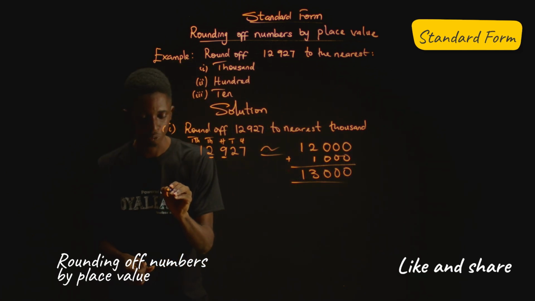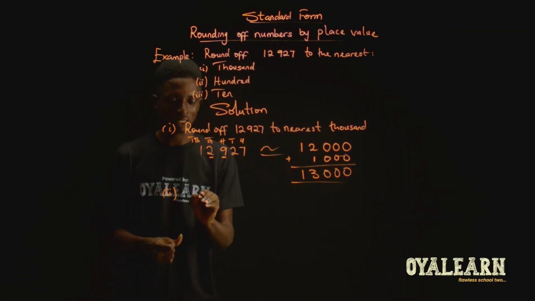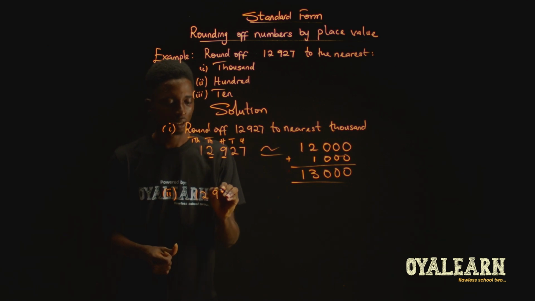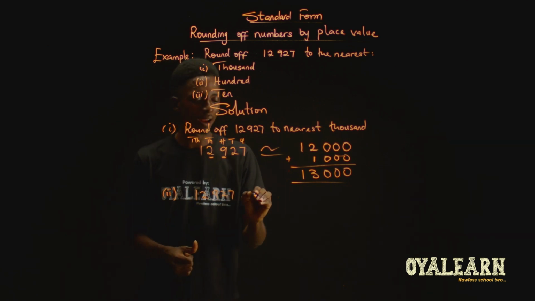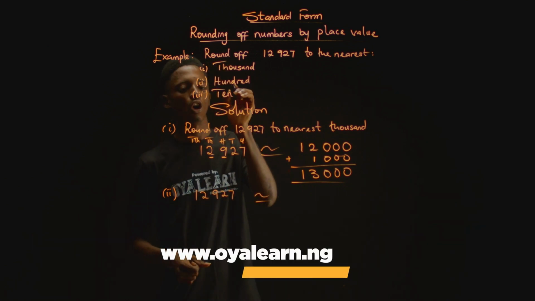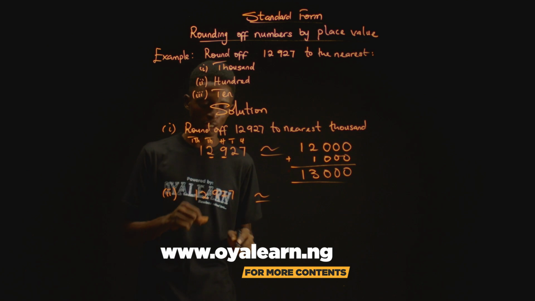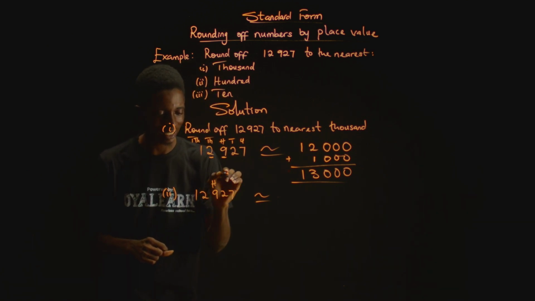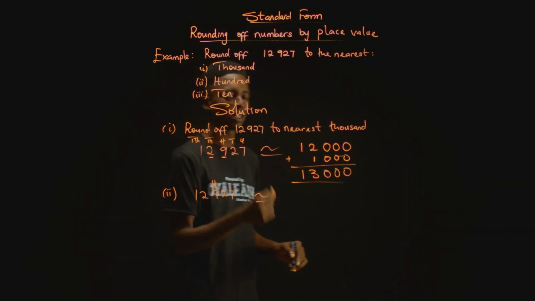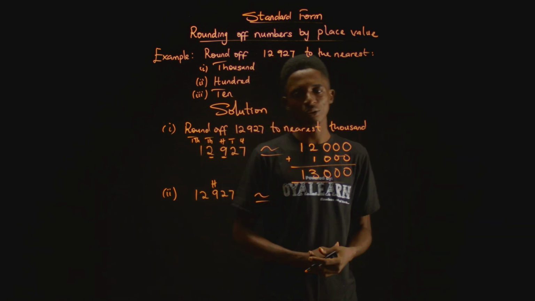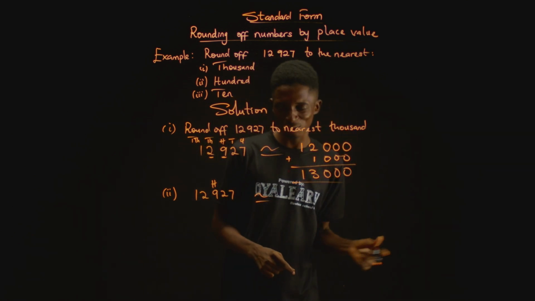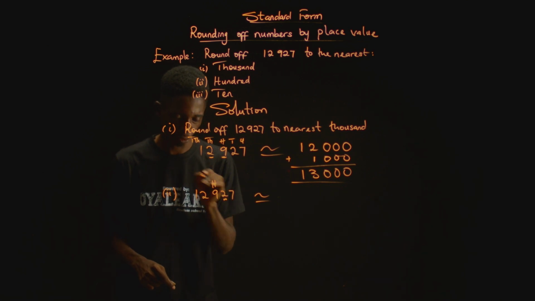Now, Roman figure 2. Let's do the same thing, but this time to the nearest 100. So we identify the digit that is at the place value, and that is digit 9. That is at the 100 place value. That is our rounding place value. And the digit next to it is digit 2.